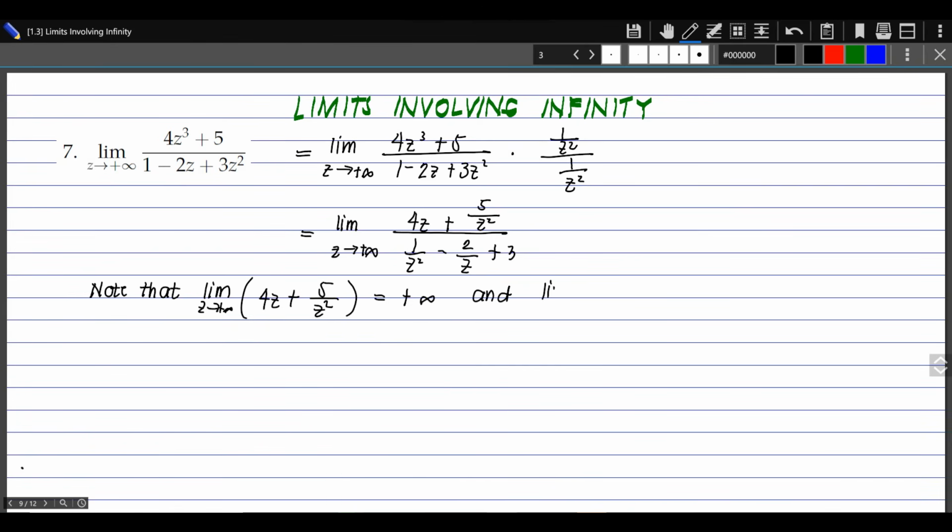And the limit of the denominator as z goes to infinity is just 3. So we have an infinite number over a constant. Therefore, the limit of the given function is positive infinity.